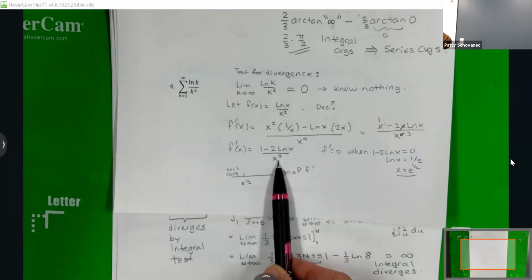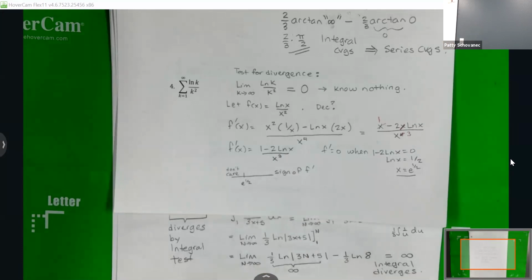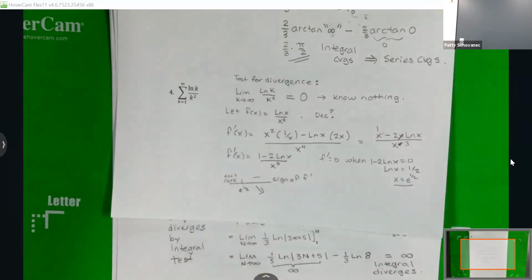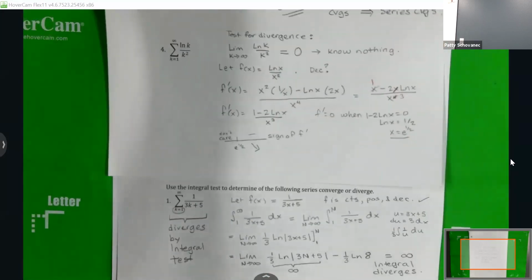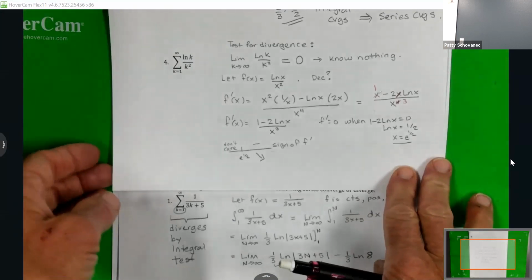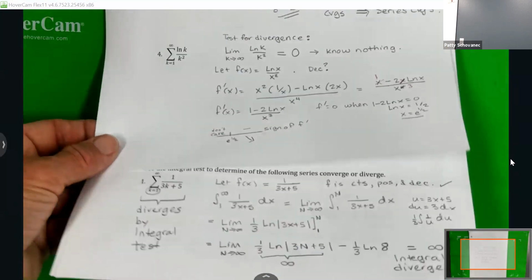The denominator is positive, e cubed is positive, so the sign of the derivative is negative, which means, yep, I do have a decreasing function. All I got to do now is integrate it. The series does what the integral does. Positive, continuous, decreasing function.